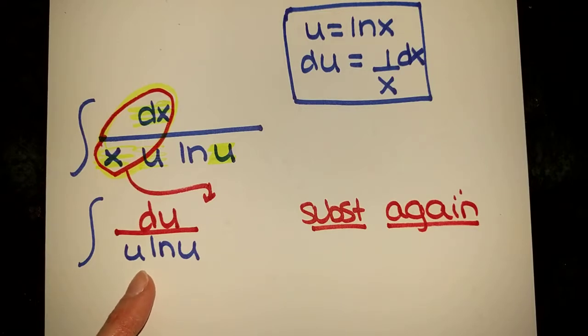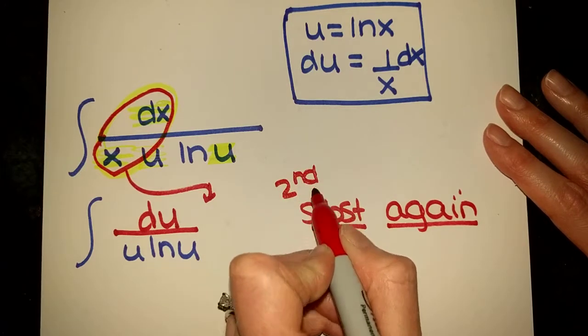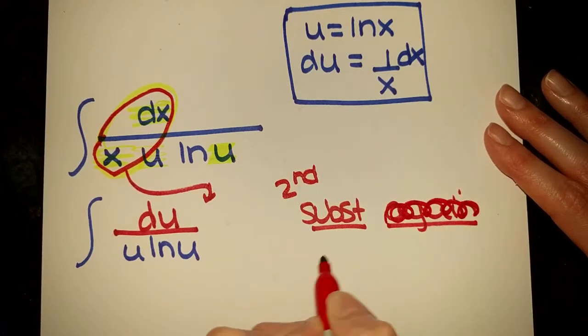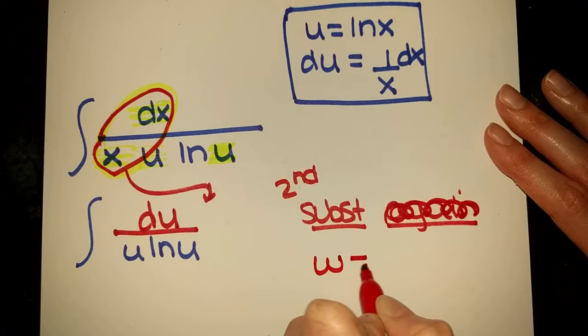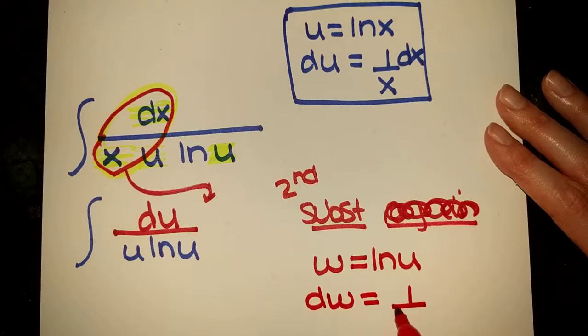We're not going to pick just x as the u, quote unquote. And we can't use u still because we're doing another substitution. So for the second substitution, I'm going to define w. I'm going to let w be natural log of u, and then my dw would be 1 over u du.